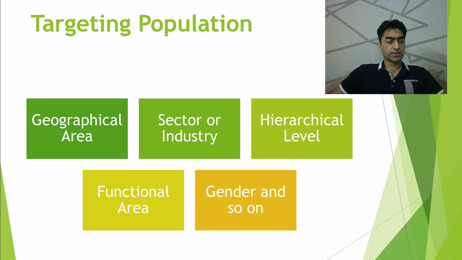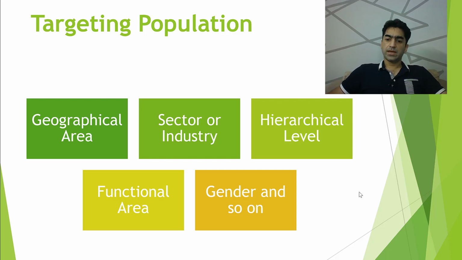And then the population can be divided in terms of the sector or the industry. Your population can be the cellular industry, or it can even be the sports sector or something like that. Sometimes the population can be in terms of the organization, and the study is limited to that particular organization.